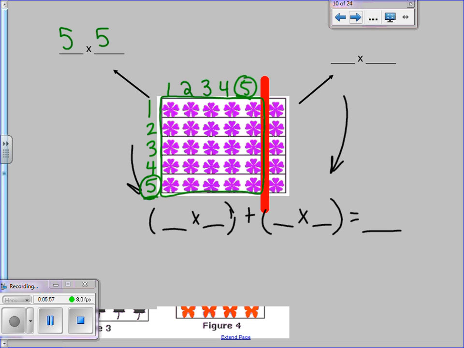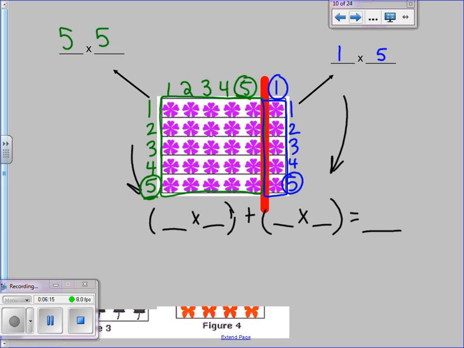Okay? Now I'm going to look at the rest of the array, which is this little column right here. I'm going to see that I have 1 column, only 1, and I have 1, 2, 3, 4, again, 5 rows. So that gives me 1 times 5.